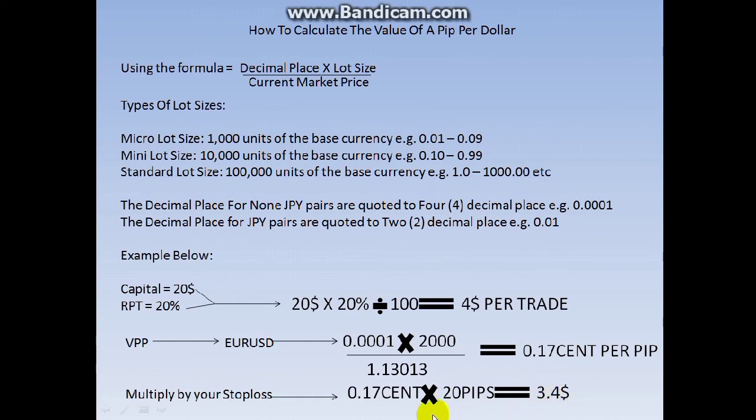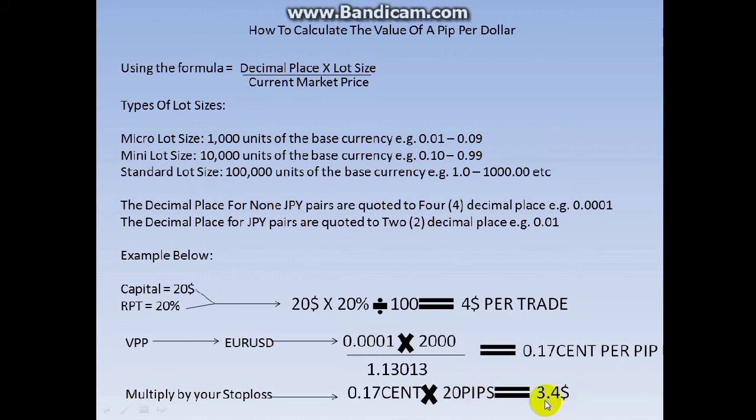So the total amount of money you are permitted to lose, the total drawdown you are permitted to lose, remember we are risking $4, right? But after calculating our value per pip, we are able to arrive at the 20 pip stop loss we set aside as our maximum stop loss.